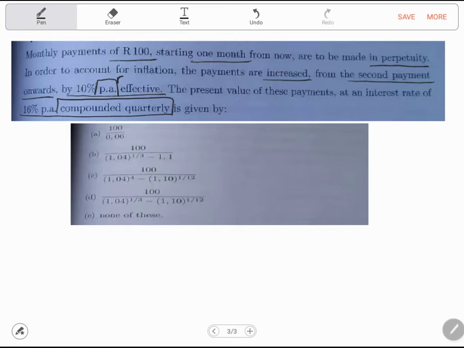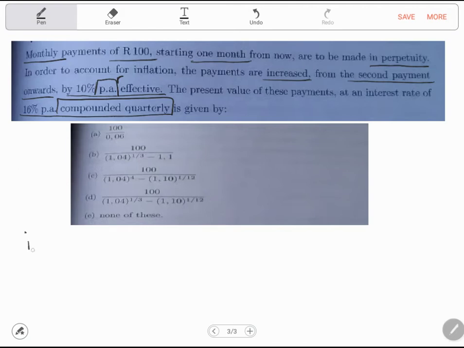You can make unlimited withdrawals or unlimited payments into an account. So they don't coincide.